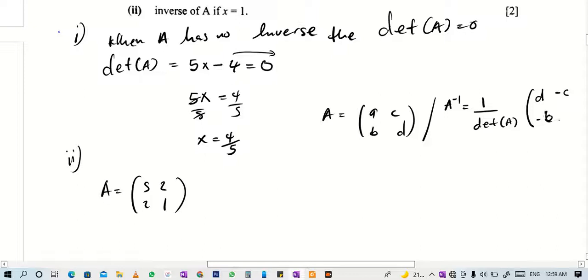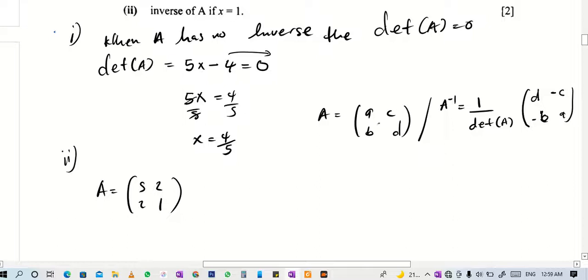So this is the major diagonal, and this is the minor diagonal. You swap the values on the major diagonal, and then you multiply by negatives on the minor diagonal.